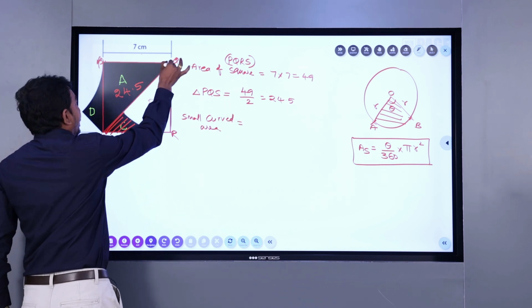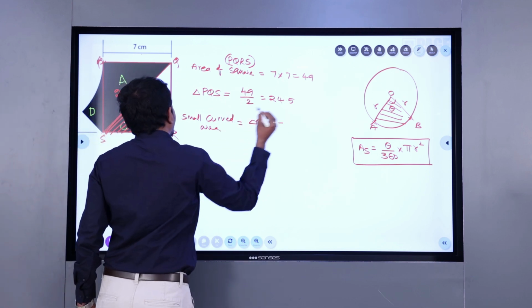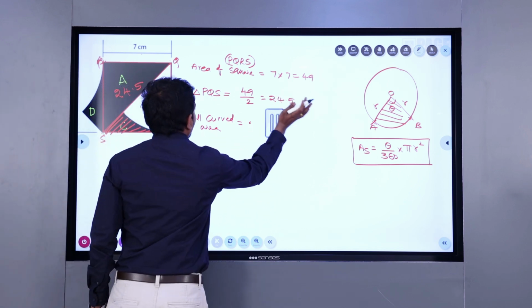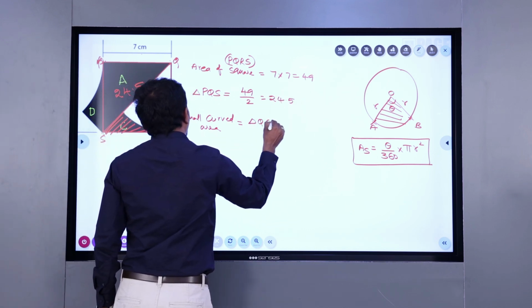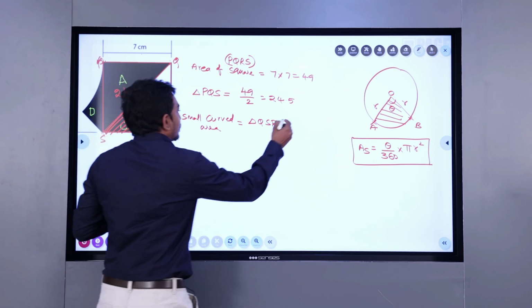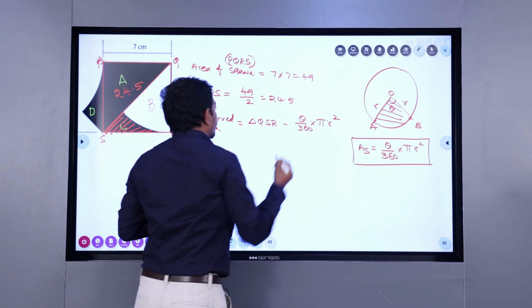That is the area of the triangle, PQS, minus, this would be QSR. It is the area of QSR minus the area of this sector, that is theta by 360 into pi r squared.